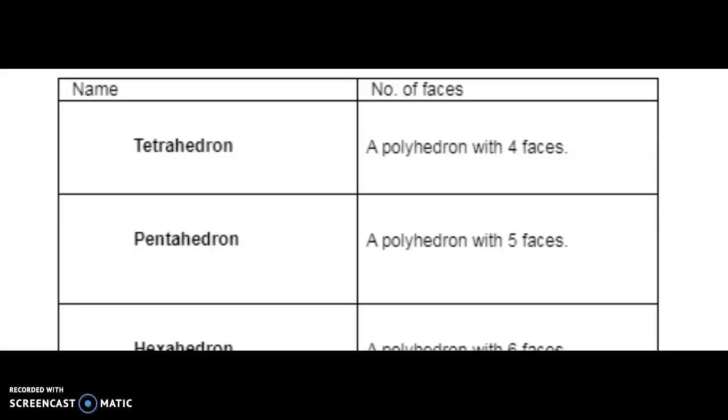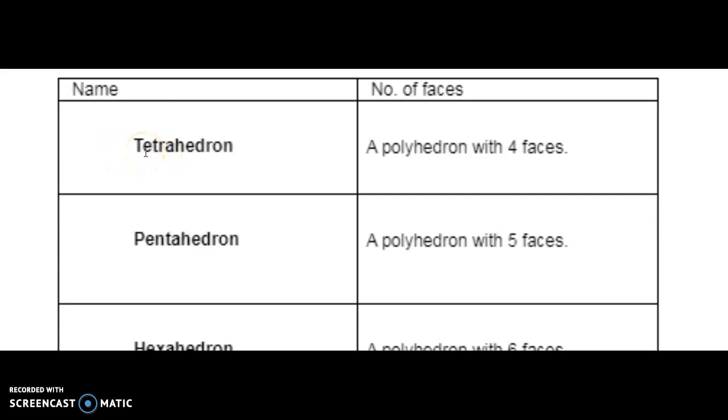Now, how are polyhedrons named? The names of polyhedrons are based on the number of faces that they have. For example, the prefix tetra means 4.